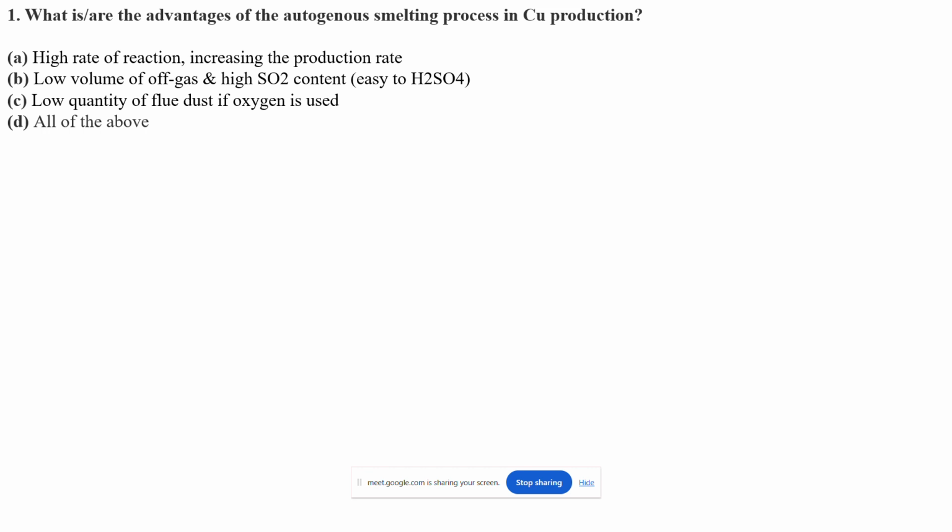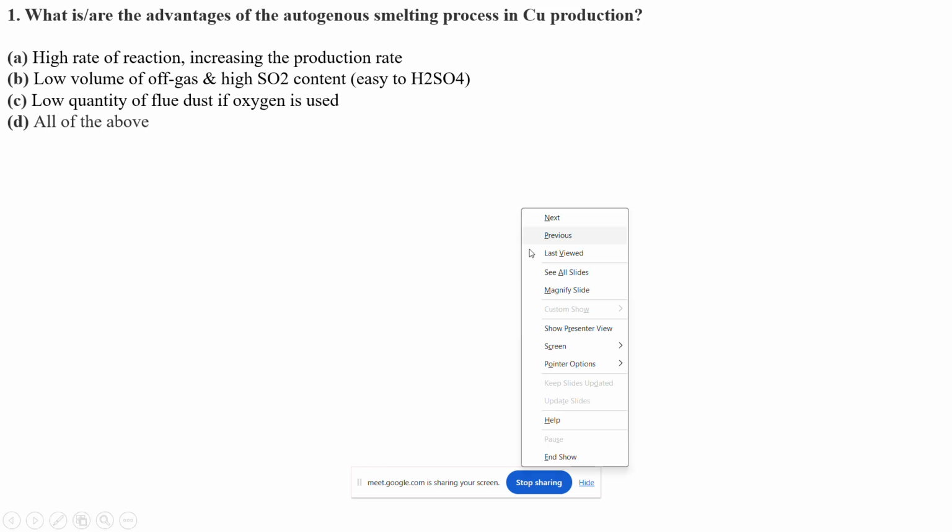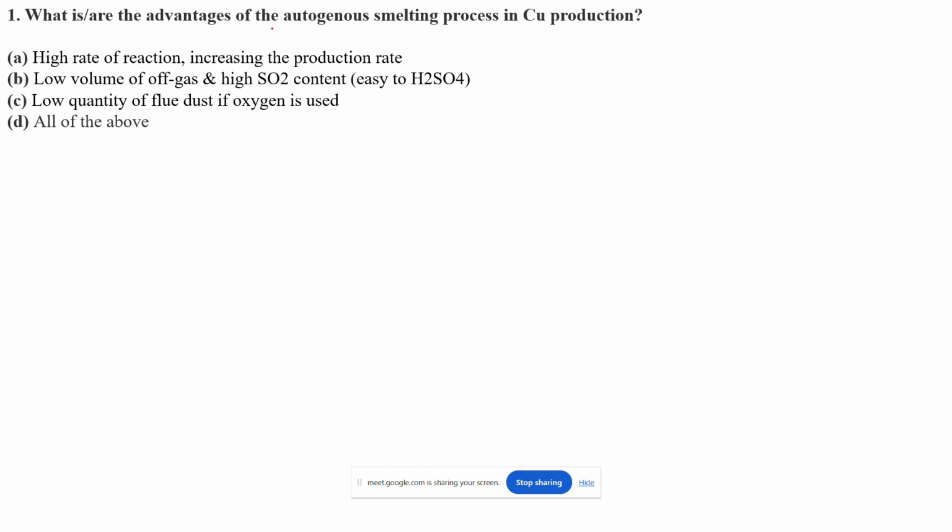So it provides a high rate of reaction, or we can say it increases the production rate. Yes, the autogenous process provides a high rate of reaction and increases the production rate because we are combining the exothermic reaction, which is generally the oxidation roasting process, and the endothermic reaction, which is generally the smelting process, at the same time in the same furnace.